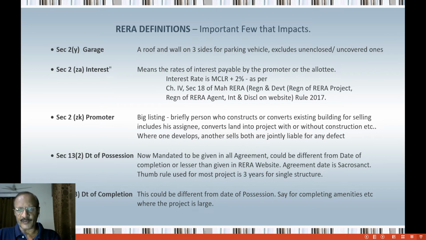We'll see those later on. The interest continues till the amount or any part thereof, and interest thereon, is refunded. And the interest payable by the allottee to the promoter shall be from the date the allottee defaults in payment to the promoter till the date it is paid. That means from that date till the actual payment, interest will be coming to you. But similarly, you will have to pay interest from the date you have defaulted in payment.